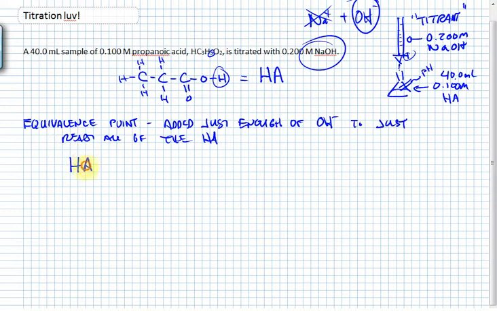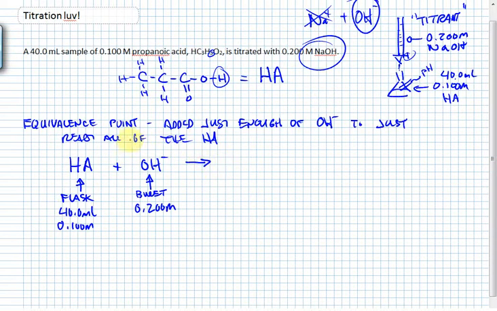Well, actually, before we did that, we should have written down the titration reaction. We've got the weak acid in the flask, 40 milliliters, 0.100 molar. We're adding to that from the burette the hydroxide. Its concentration is 0.200 molar. It's twice as concentrated as the acid.